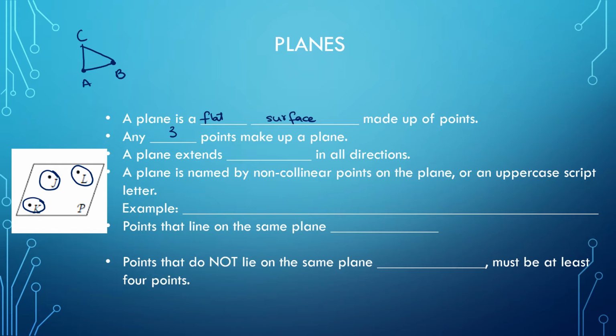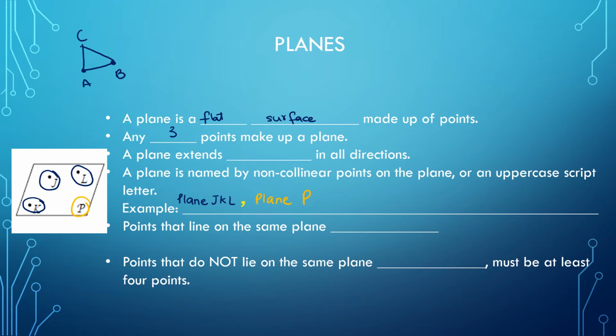They have to be on different lines or not on the line at all. So the word plane and JKL, or you can use the word plane and the uppercase script letter on the side, just like we had the lowercase script letter for the line.